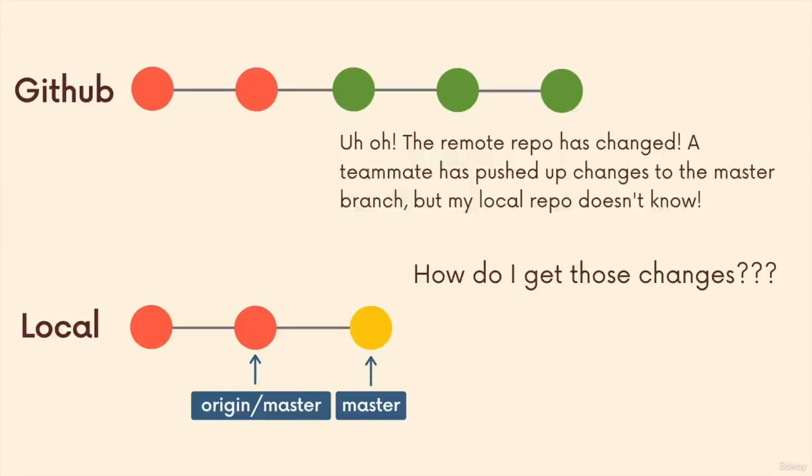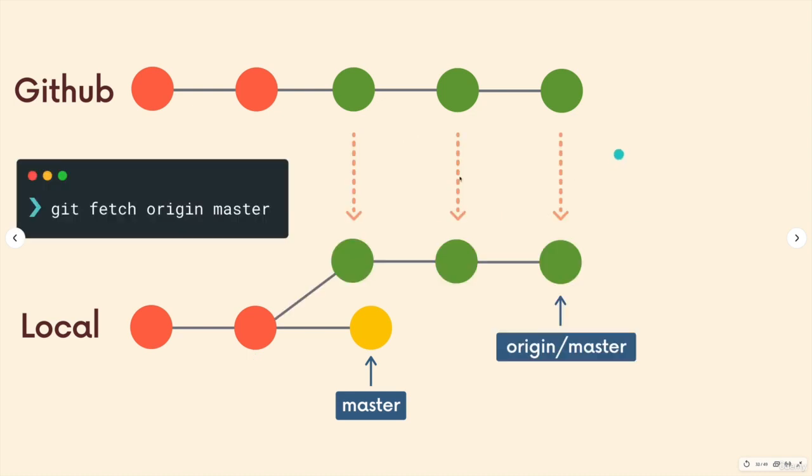So here's the same situation from before, right? We have this GitHub repo and a local repo. I'm working on it. I have a new commit in yellow. And then my friend, Bobhead, I think is what I said, added 3 commits to GitHub. He pushed them up. I don't have them. So if I don't want to screw up my local working directory, but I want access to those changes, I can fetch that branch, origin master, or I can just do git fetch and get everything from origin.